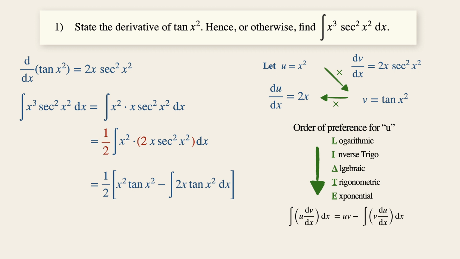Now notice that we have also this integral over here, which looks rather complex. Now not to worry, we can think of this in two parts as well. The angle over here is related to 2x, where 2x is the derivative of the angle. So that's a relationship going on over here. Now we know that integrating tan x gives us minus ln cosine x.